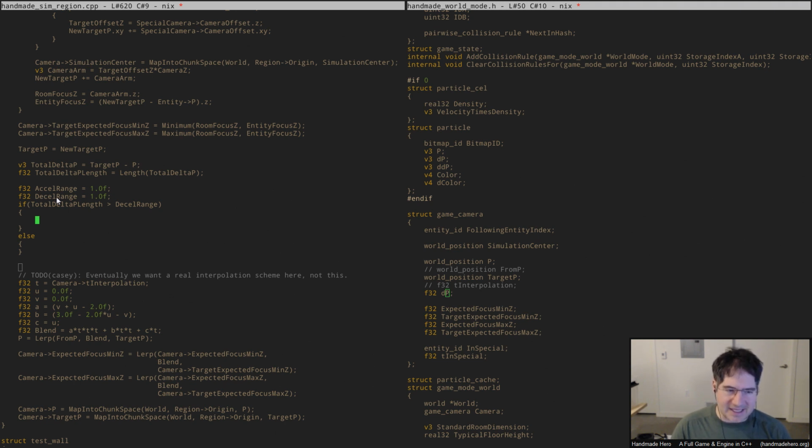Maybe this is just stupid, but I think what we could do there is say, whatever our deceleration range is, let's just pretend that we map the curve into that space and finish that way. There's a couple different ways we could do this.